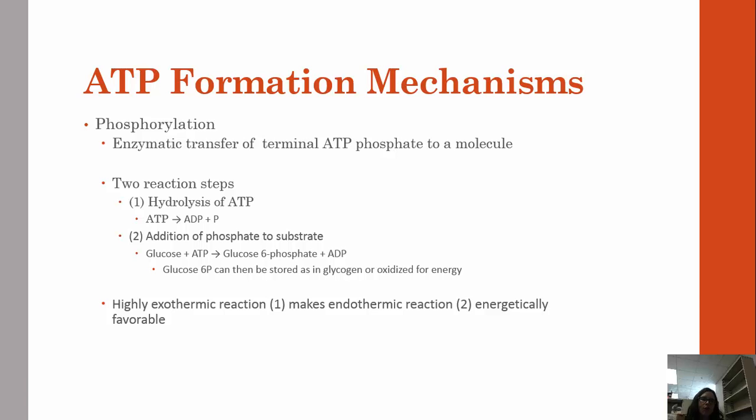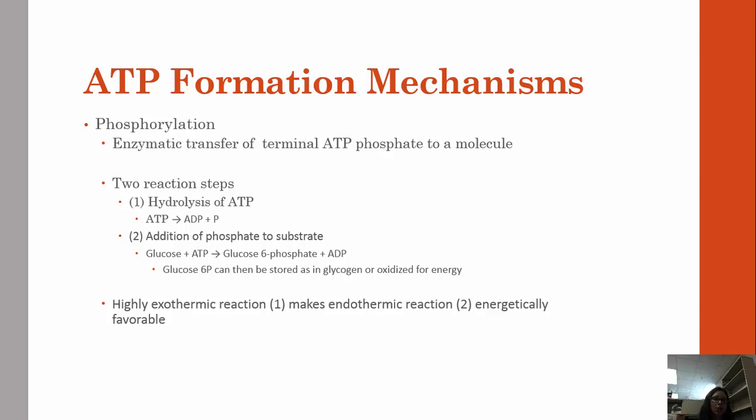ATP is formed by, just like we were talking about, phosphorylation, adding the phosphates, transferring the phosphates. So there's an enzymatic transfer, I should say, of the terminal ATP phosphate to a molecule. That's called the phosphorylation of that molecule. The phosphate from the ATP goes onto the other molecule.